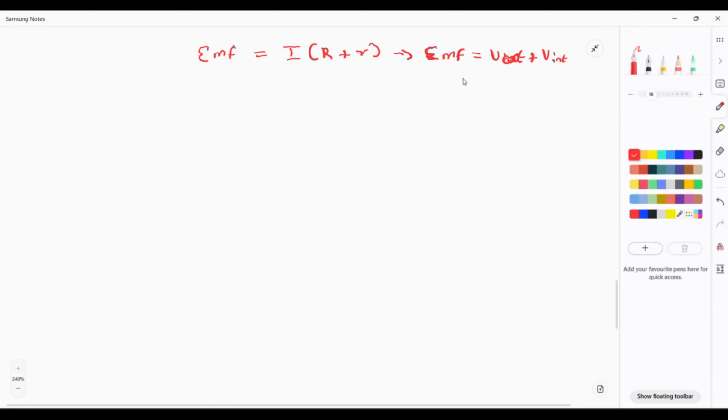When you break this down further, EMF is equal to IR plus Ir, and you take a common factor of I to come back here. But what does this mean?